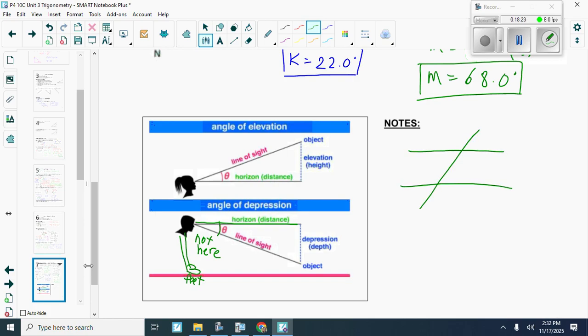Do you remember when you had a transversal through the two lines, and you had to identify which angles were the same? And then you had things called complementary angles and supplementary angles. Do you remember that one of the patterns was in the form of a Z?